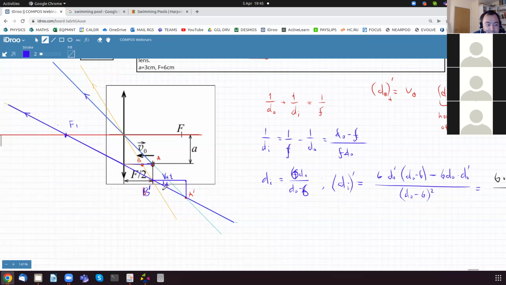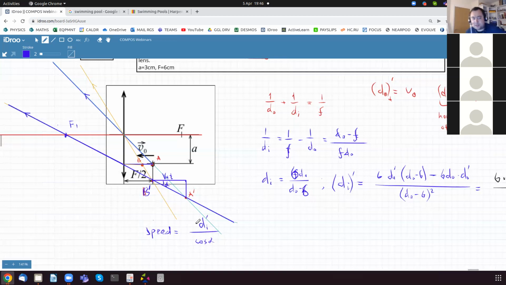Then this distance is going to be the same thing, but divided by cosine alpha, because cosine alpha is this divided by that. So the total speed of the image is the horizontal speed divided by cosine alpha.